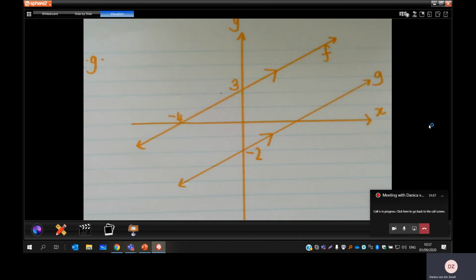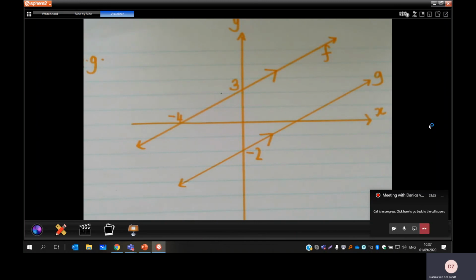But now, remember that I tell you that minus 4 on the x, which means it's got a coordinate of minus 4 and 0. 0 on my x-axis, which means y is 0. This is cutting my y-axis, so x has a value of 0, y has got the 3.